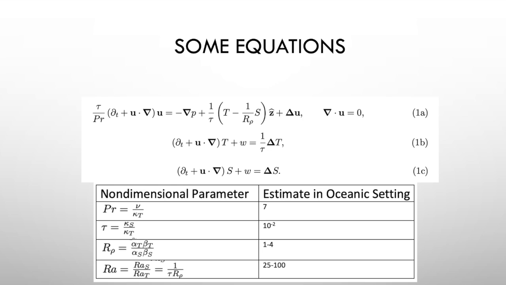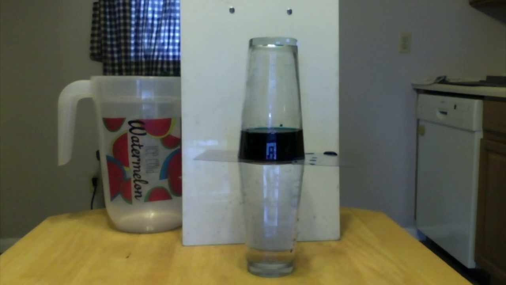Consequently, a lot of these non-dimensional parameters we have seen before. However, for example, the Rayleigh number is actually a Rayleigh ratio of the Rayleigh number of salinity to the Rayleigh number of temperature, and tau is again a ratio of the diffusivity of salinity to temperature instead of just having one.